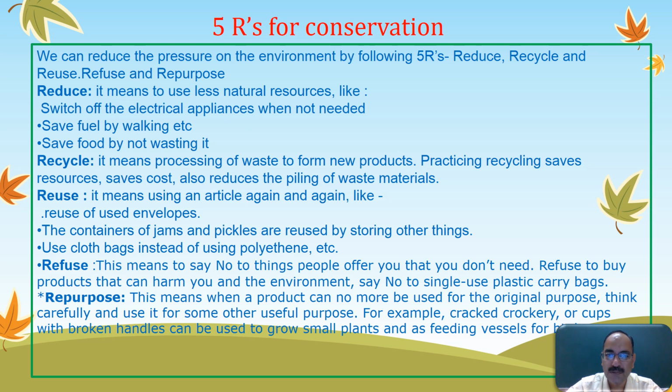For example, if the environment or surrounding is already cool, then we avoid the fans. Like that, if sufficient light is there, then avoid the use of electric power. Reducing the use of natural resources is the strategy called reduce.